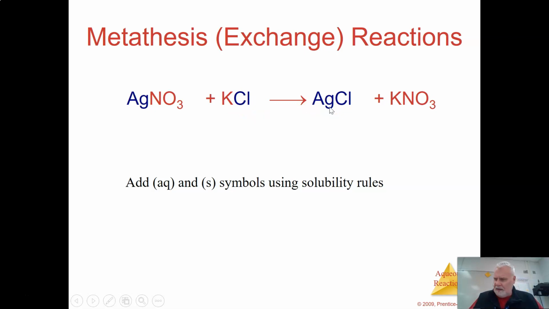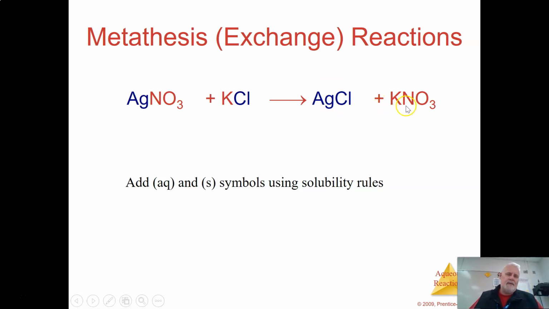This one, if you remember what we just talked about, rule number 5, the exception is AgCl, also mercury chloride and lead 2 chloride. Those would also be exceptions, but this one certainly is an exception, and so this blue compound would be a solid.